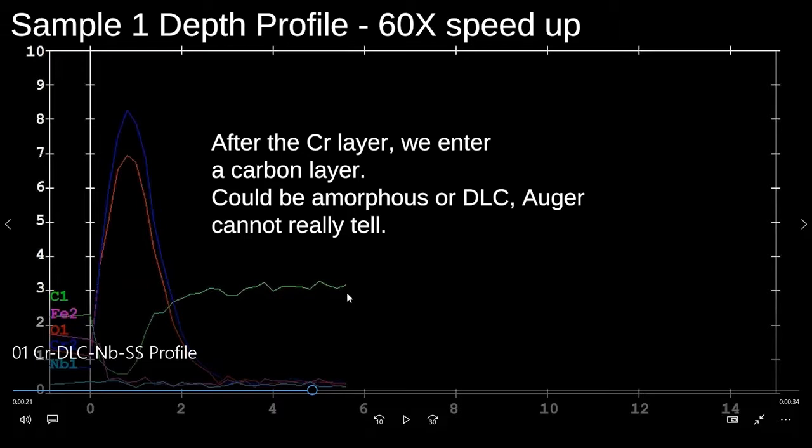You would need a technique like Raman, which can tell you more about the compound present, in order to look at a very thin layer of carbonaceous material and determine if it's amorphous or diamond-like carbon. Based on the application, I'm going to just continue to refer to it as diamond-like carbon. That would make sense if you want a nice hard coating, something made out of diamond or carbon with a lot of sp3 bonding. That would be pretty hard.